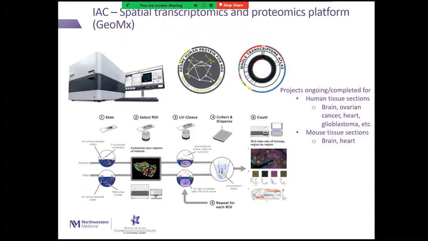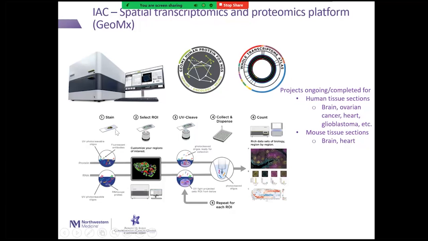So the next technique that we have in the core is a spatial transcriptomics and proteomics platform from NanoString. It's called GeoMx. They have panels for whole transcriptome atlas for mouse and human, and cancer transcriptome atlas for mouse and human both. The way this technology works is you can have your tissue section.